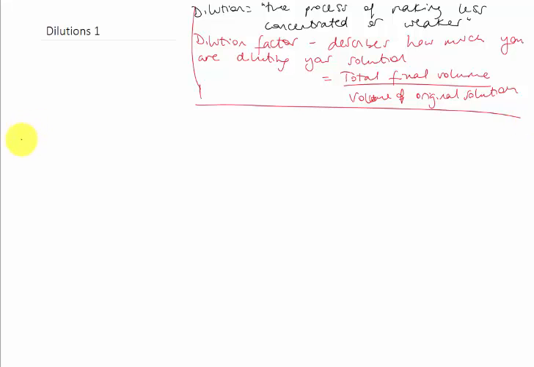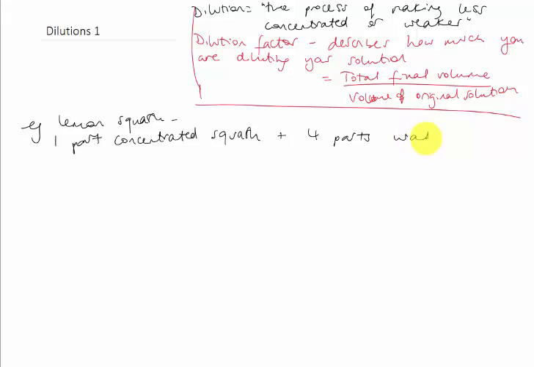So first of all, let's think about the lovely refreshing glass of lemon squash. So if you make that up according to the instructions on the bottle, you would use 1 part concentrated squash plus 4 parts water, and so that would give us a 1:4 ratio of squash to water.